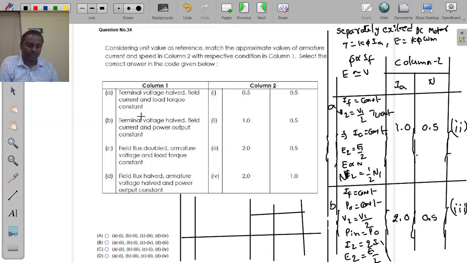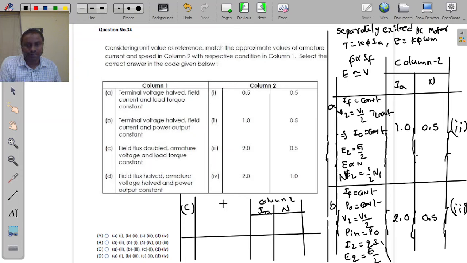Next, coming to the third portion. Again, in this column 2 is the current and this is the speed.